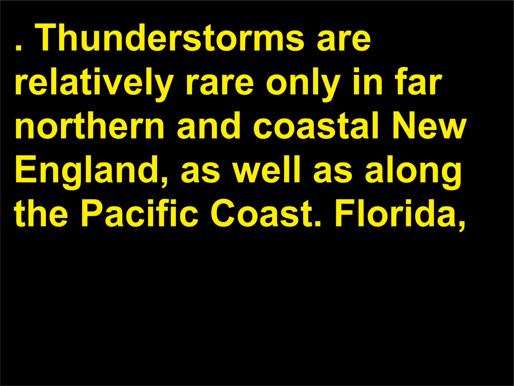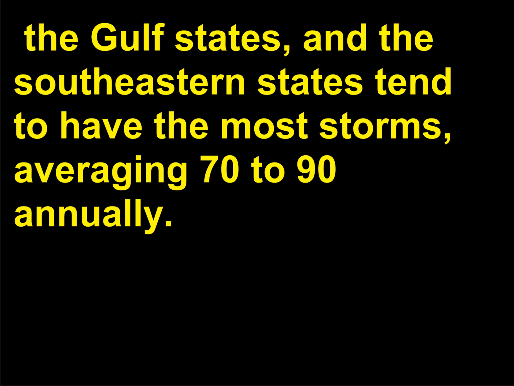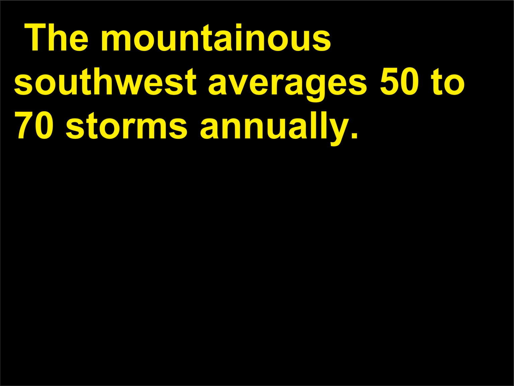Thunderstorms are relatively rare only in far northern and coastal New England, as well as along the Pacific coast. Florida, the Gulf states, and the southeastern states tend to have the most storms, averaging 70 to 90 annually. The mountainous Southwest averages 50 to 70 storms annually.